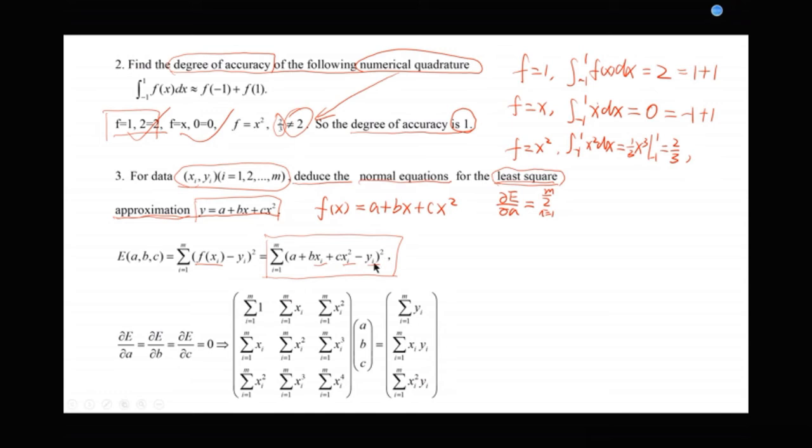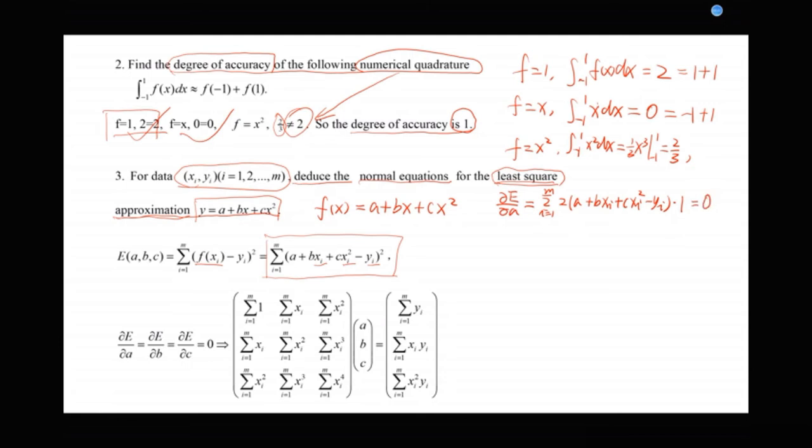Because this is a square, so 2 times (a plus b xi plus c xi squared minus yi), and don't forget, because we compute the partial derivative with respect to a, the derivative of this term on a is 1, so it is 1, right? Partial E partial a equals this formula. Clear? Then we need to let it equal to 0.